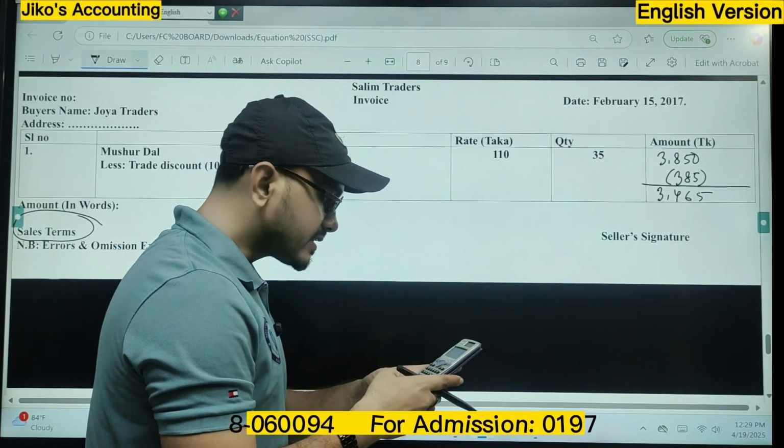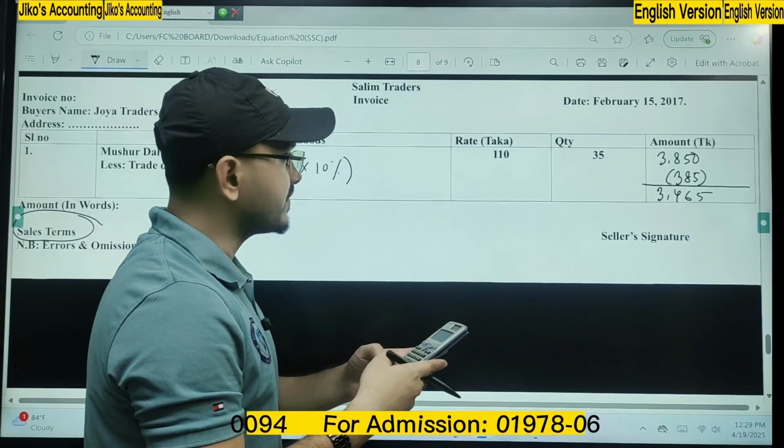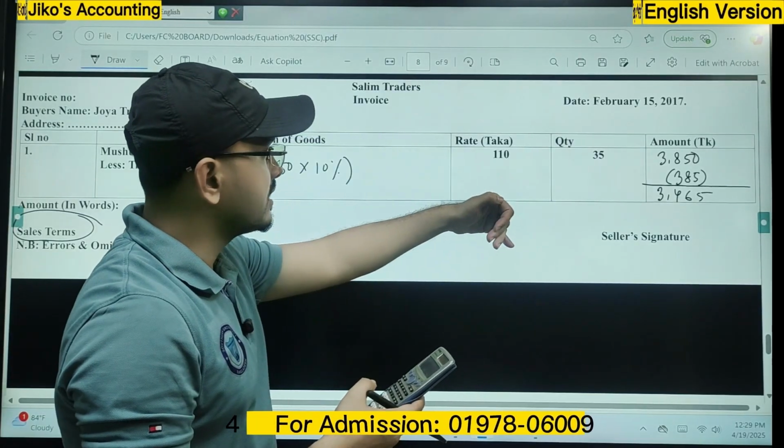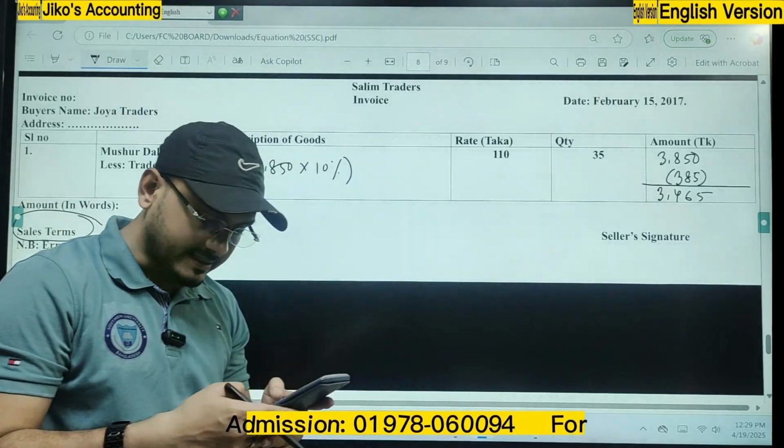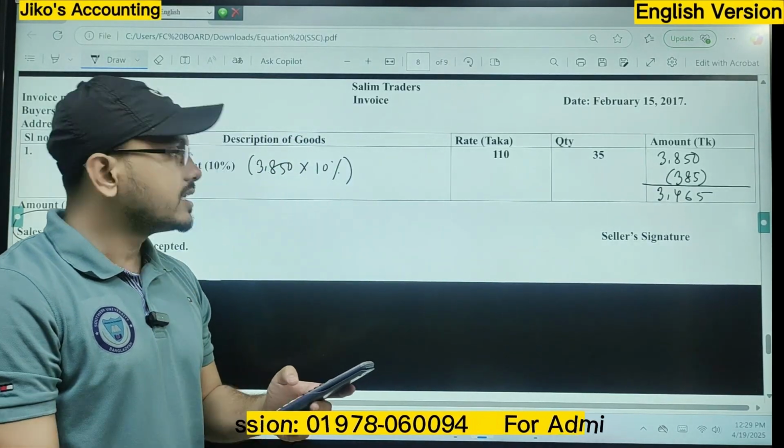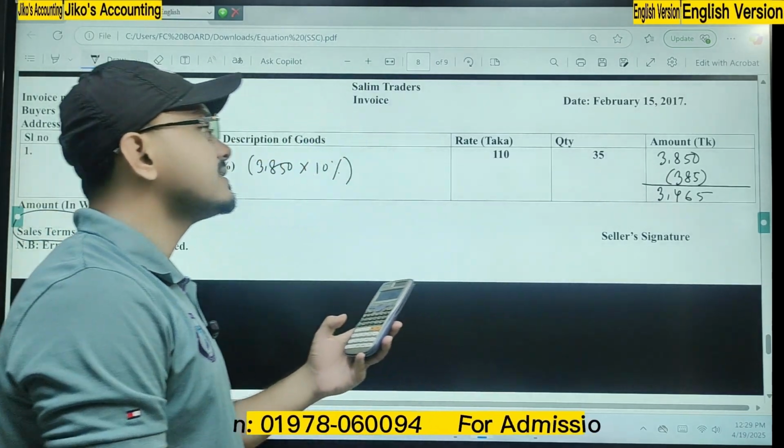110 into 35 equal to 3850. 10% on 3850 would be 385. Now deduct it, minus 385. 3,465.